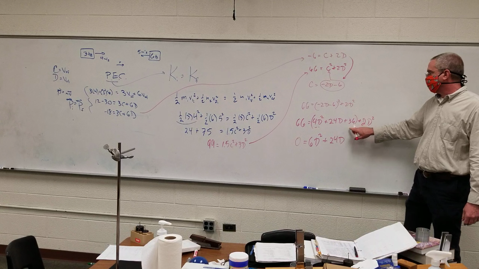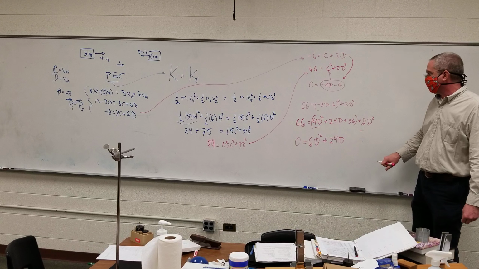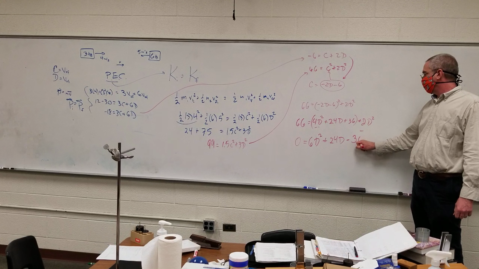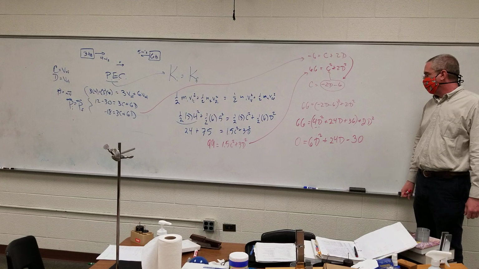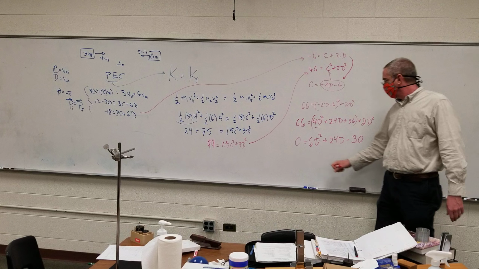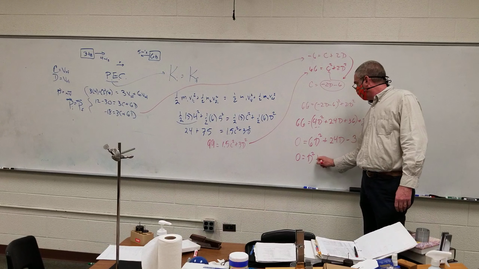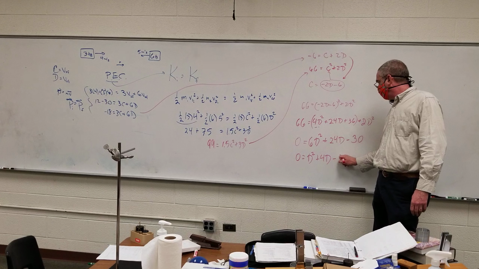And then I have 36 here, and I'm going to subtract 66, so minus 30. Can you just divide everything by 6? That sounds good to me, so I get D squared plus 4D minus 5.